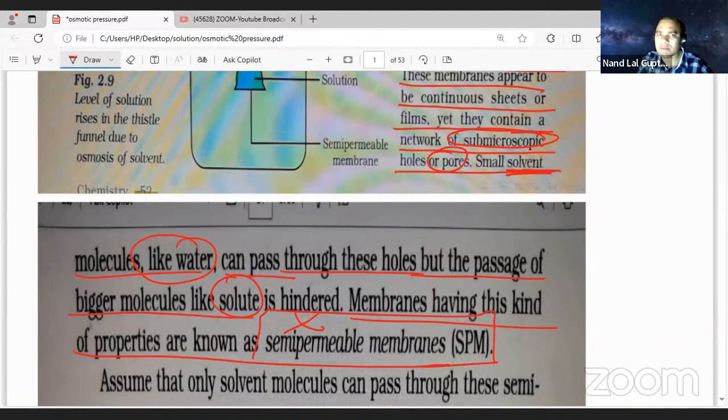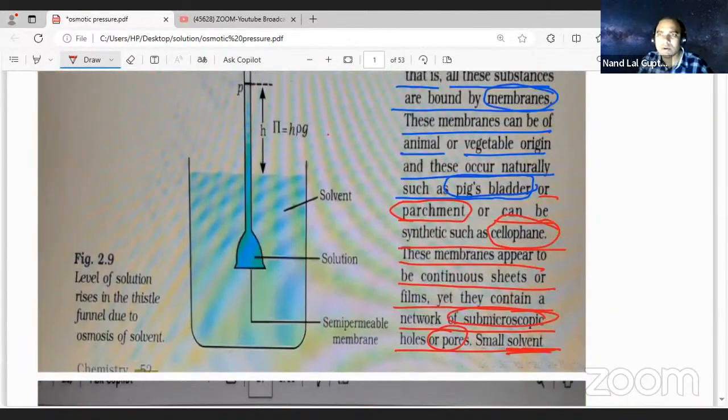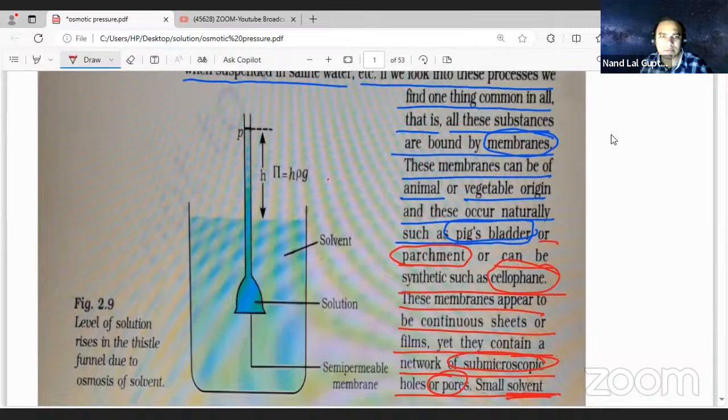Now, see the diagram here. This is the semi-permeable membrane. The side you see on the slide contains the solution, having low vapor pressure, and this is the pure solvent here. So what will happen, student?